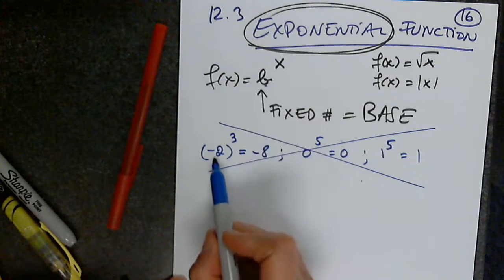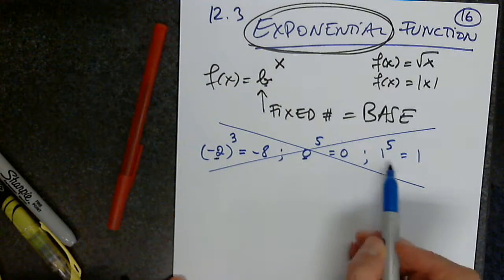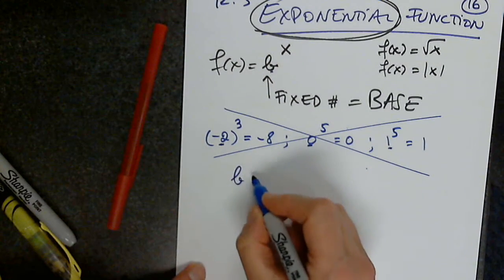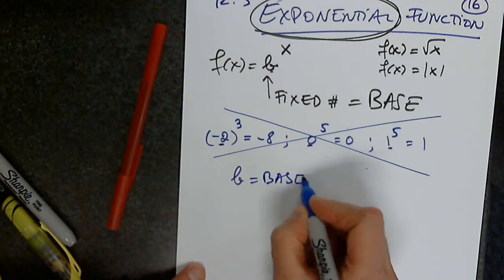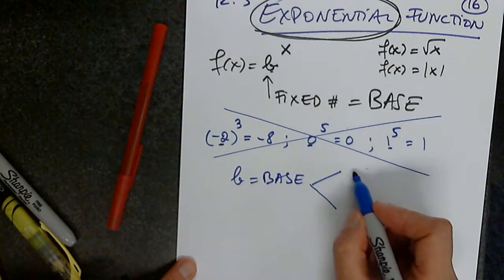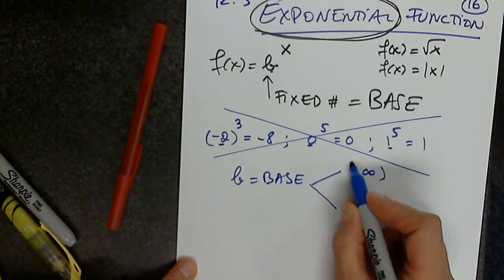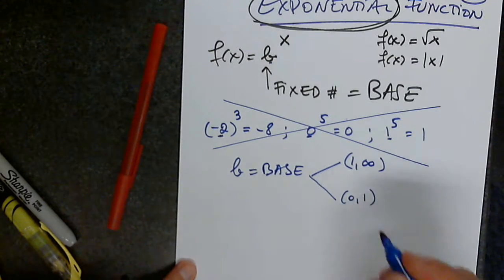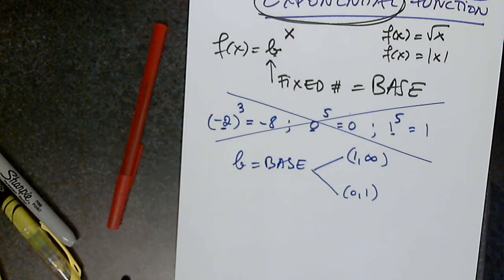The base here is negative, here is 0, and here is 1. Those are not allowed for the base of an exponential function. So b, the base, can only be positive. It can be between 1 and infinity, not 1, or it can be between 0 and 1, not 0 and not 1.